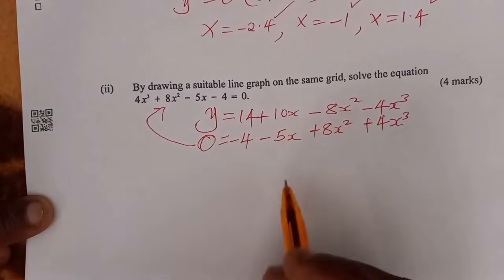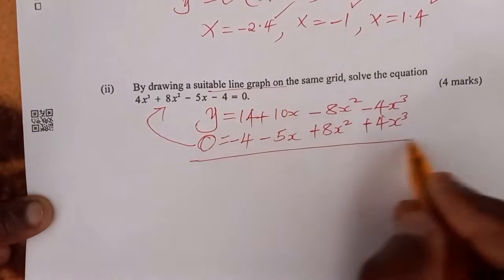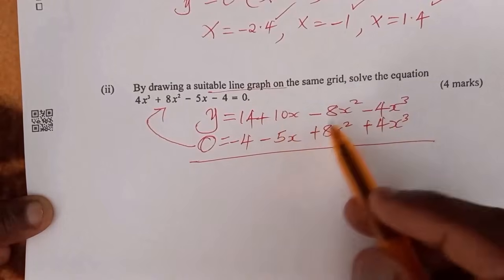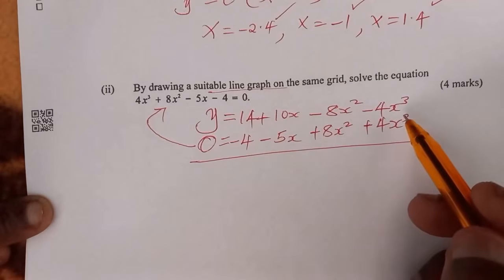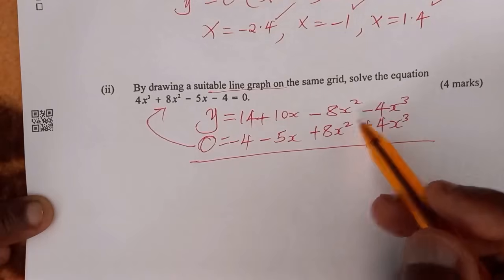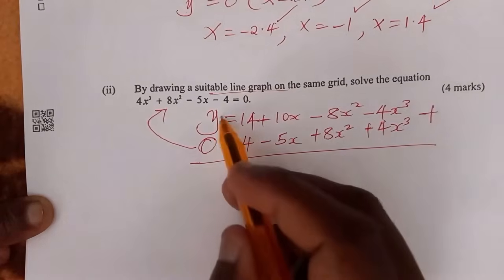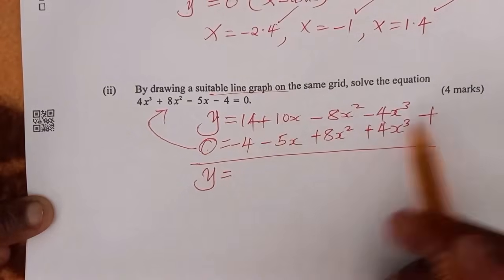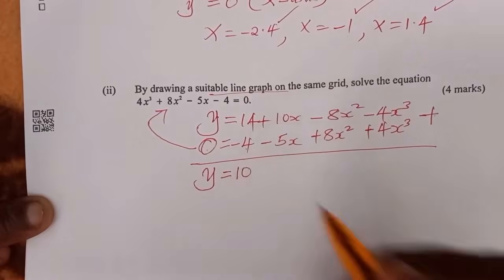To get that straight line, you need to find out whether you're going to add or subtract the two equations to eliminate most of the terms. If you want to eliminate most of the terms here, we are going to add. When you add y plus 0, you get y. Then 14 plus negative 4 gives 10.